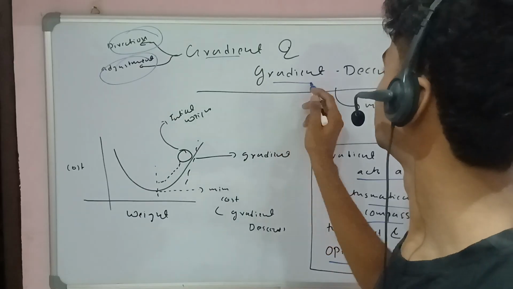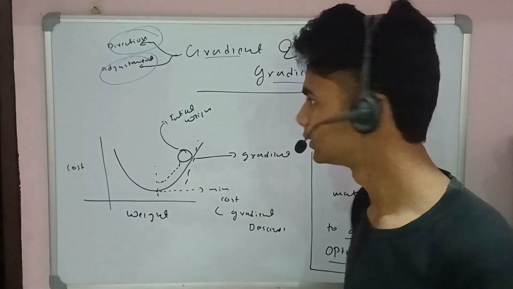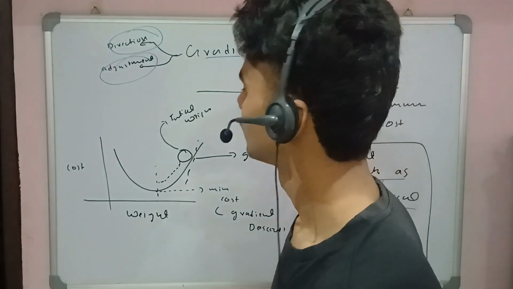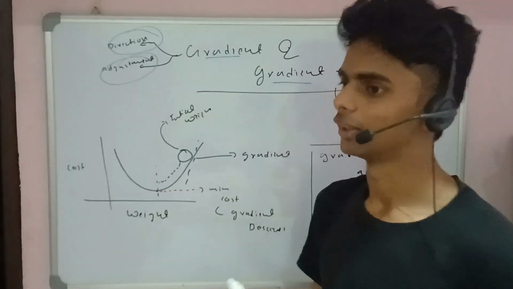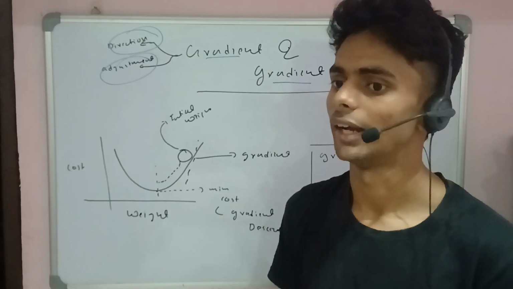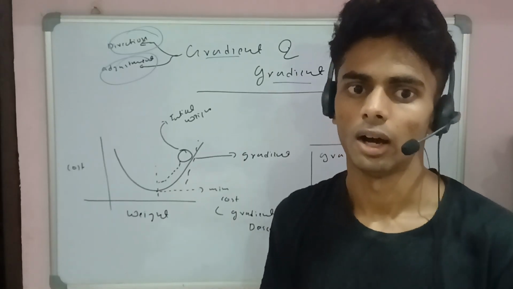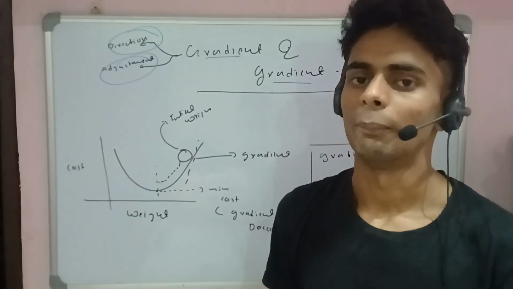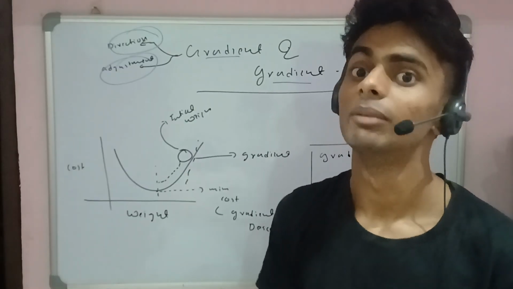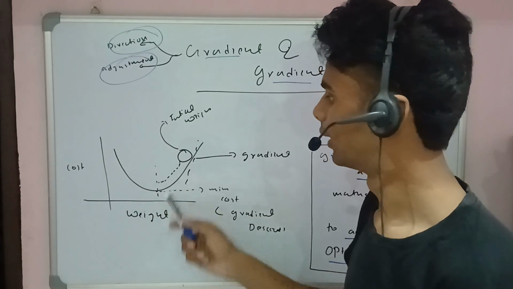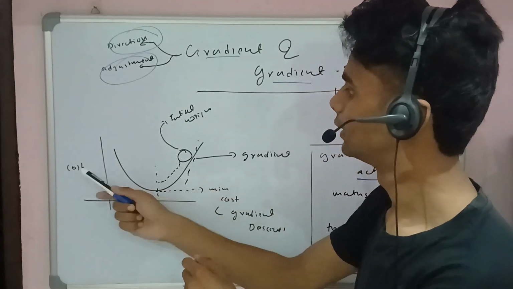The second one is gradient descent. Gradient descent is about minimal cost. What exactly is cost? Cost is all about how much your function has learned, after getting a minimal error. Suppose you predict something but you get an error.